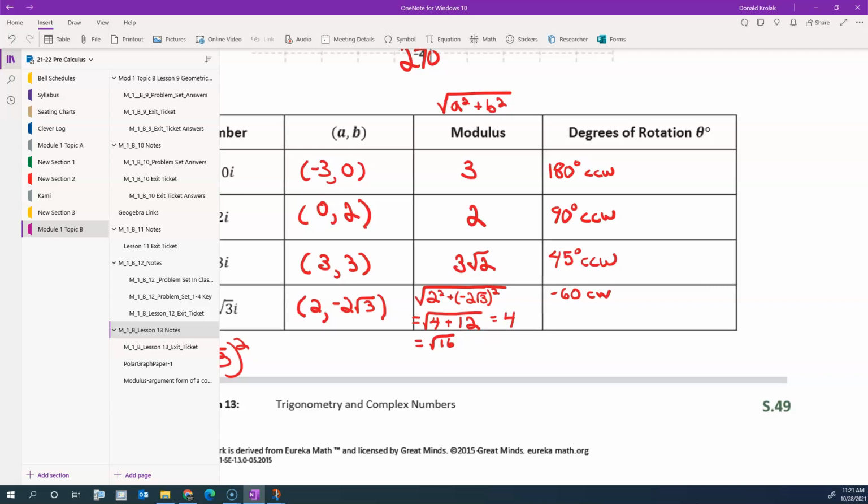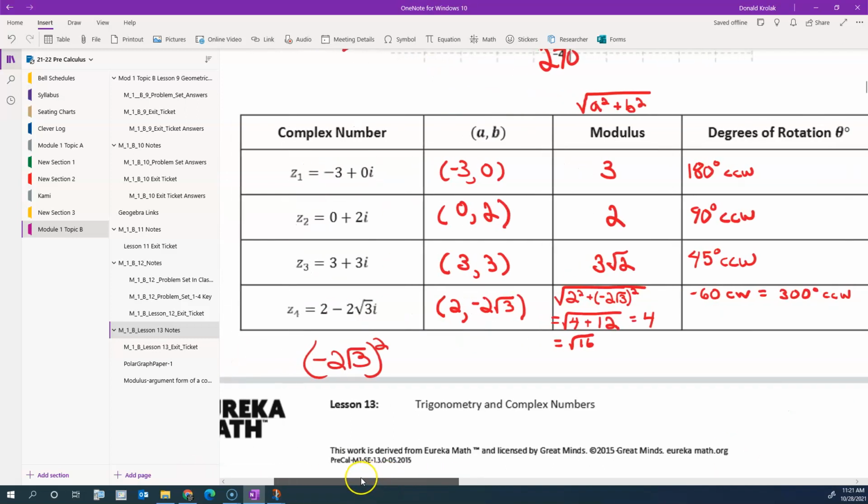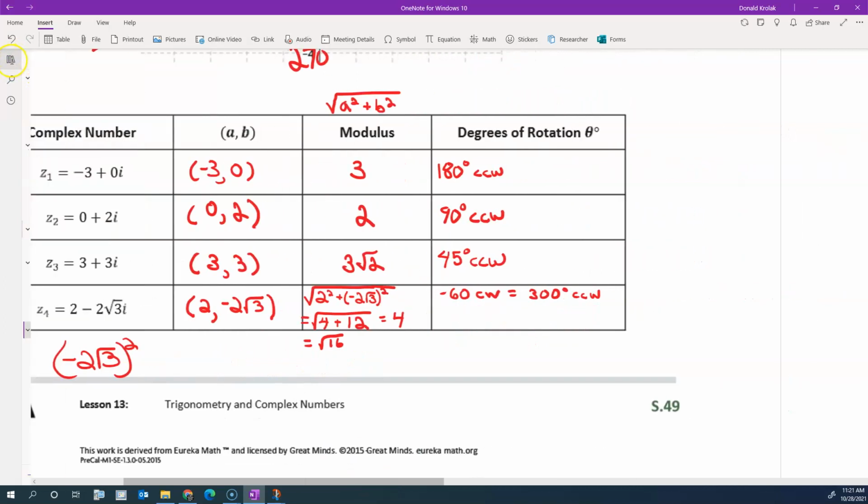That's clockwise, which is the same as 300 counterclockwise. So now you've got the information you need to write it in polar form.